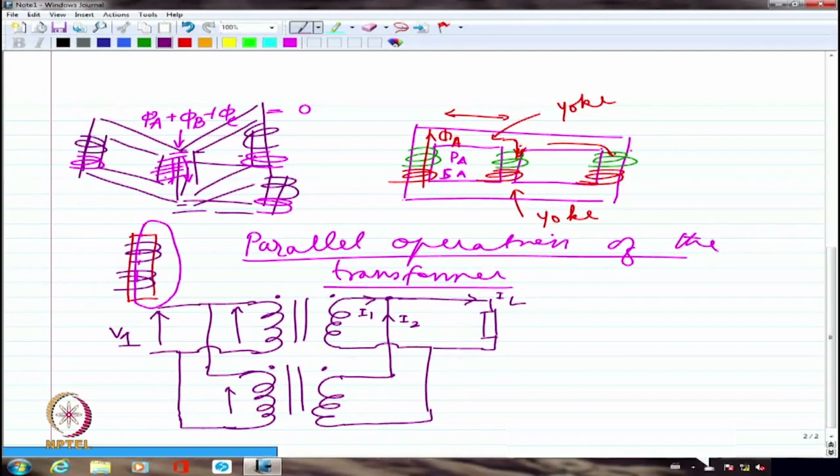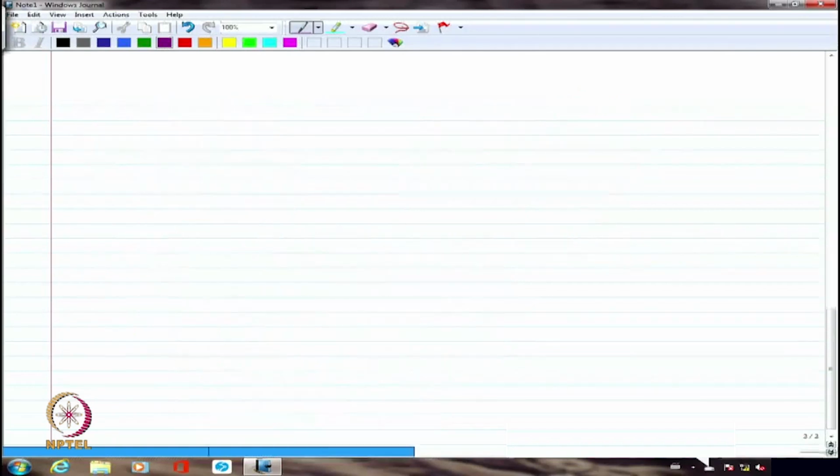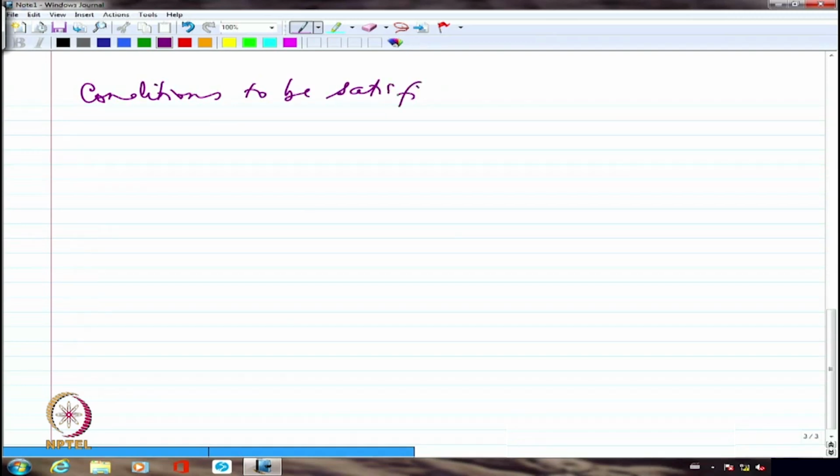So that's the reason why parallel operation is considered one of the important topics when we study transformers, because it is very much prevalent in India, right? So let us try to look at, first of all, what are all the conditions to be satisfied for parallel operation.